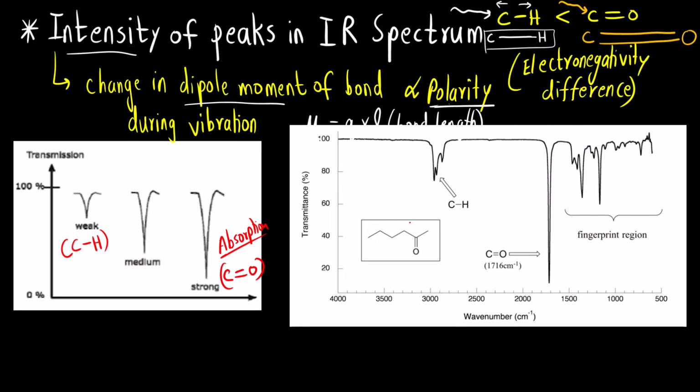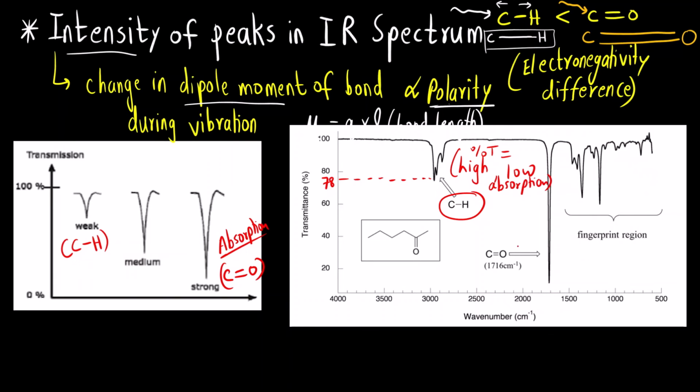So in this graph, it is very clear. You can see for the C-H bond, the percentage transmittance is very high, let's say this is 78. Percentage transmittance is high, that means low absorption.